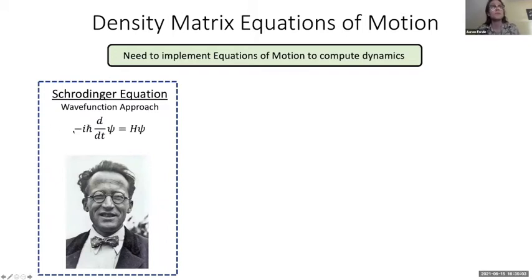And one possible method is to use a Schrodinger equation approach, which is how methods such as surface hopping are implemented, where the expansion coefficients of the wave functions are changed along the trajectory. But an alternative approach, which is equivalent, is to look at density matrices.